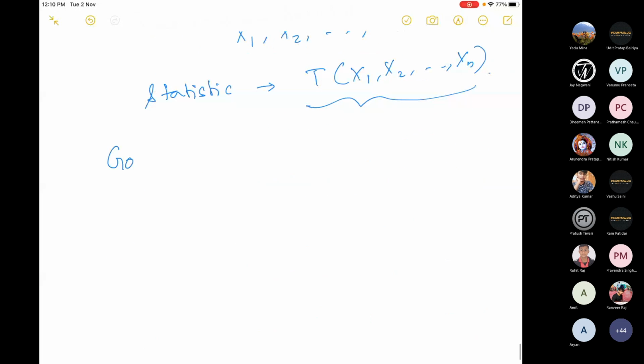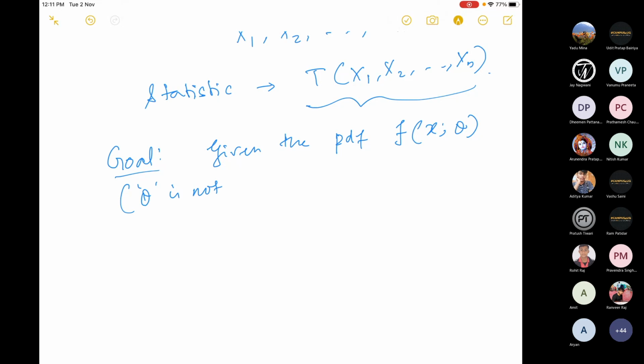So the goal here is now, given the PDF, that means I have the knowledge about the PDF, but theta is not known. That means the values of the parameters are not known, whether theta is only one parameter or more.